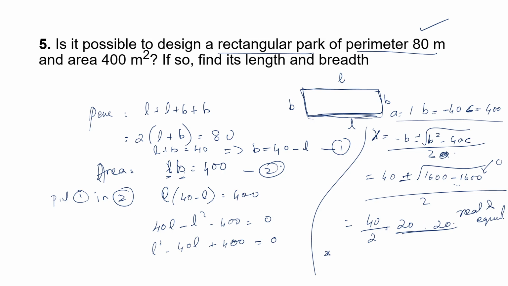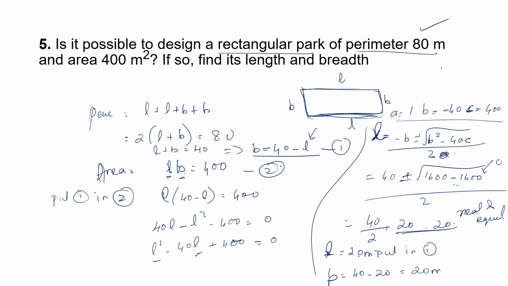I'm sorry, here it should be L. Usually we write x, but our quadratic is in L. So the value we got, 20, is for L. Substitute this value in 1. So B will become 40 minus 20, which will also be 20.